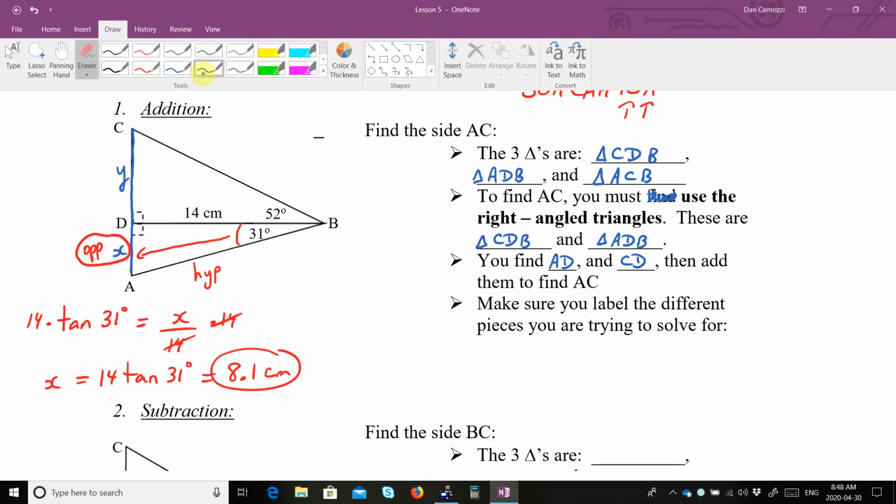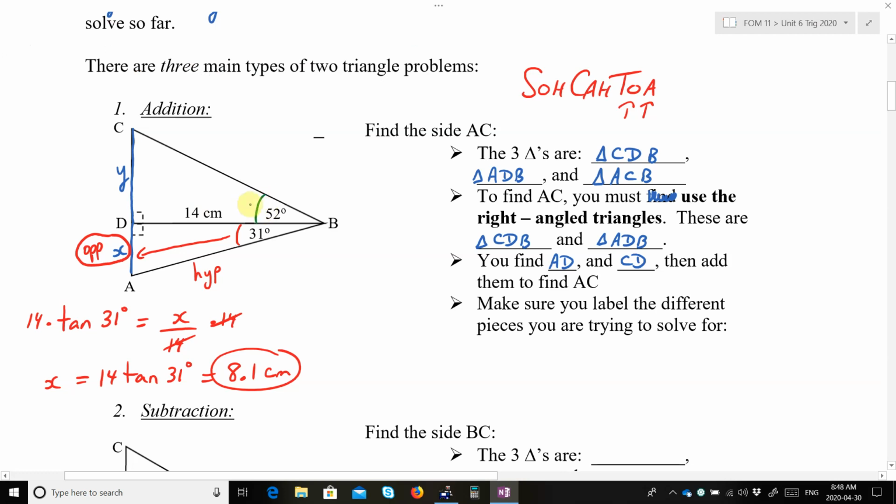Now let's look in the upper triangle. We have this 52-degree angle. Across from it is the opposite. Across from the 90 is the hypotenuse. So again, this 14 is the adjacent, and we're looking for that opposite side. Okay, opposite and adjacent again, so that's tan. So I would go tan of 52 degrees is equal to the opposite is y, and the adjacent is 14.